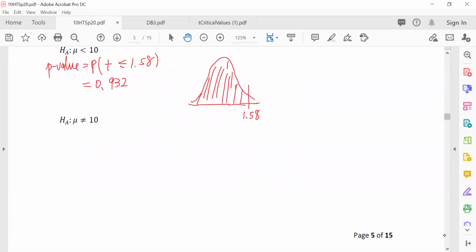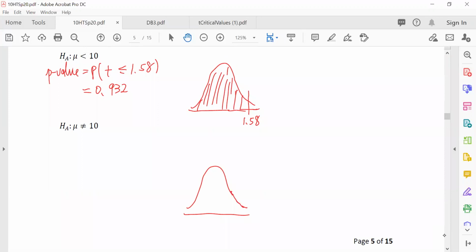So under a two-sided test, you need to consider that it's either going to be greater or equal to 1.58, or is going to be less than the negative 1.58 because it's for both directions.